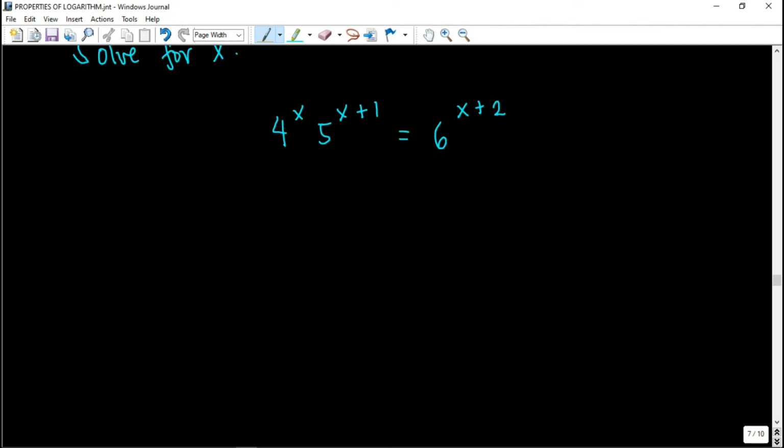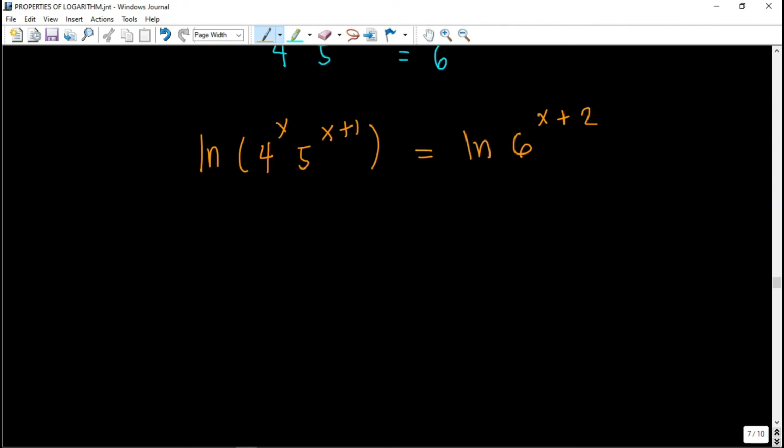So we take the natural logarithm. I will use the natural logarithm so that the notation is shorter. So natural logarithm of 4 raised to x times 5 raised to x plus 1. You also do it on the right side: natural logarithm of 6 raised to x plus 2.